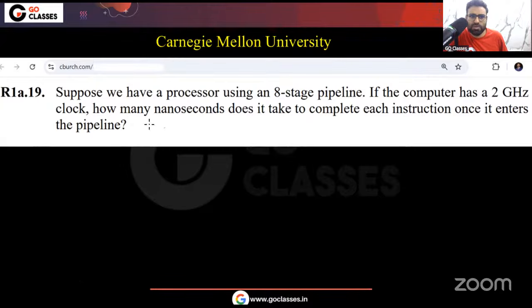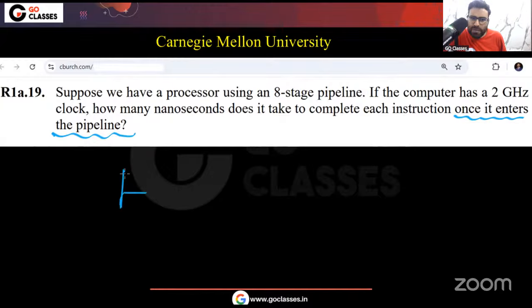So let's solve it. What is it asking? Suppose we have a processor using an 8-stage pipeline and the computer has a 2 gigahertz clock. How many nanoseconds does it take to complete each instruction once it enters the pipeline? The question is asking that we want to complete an instruction.